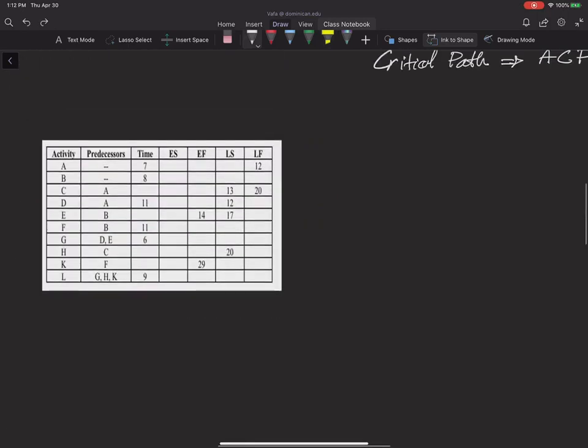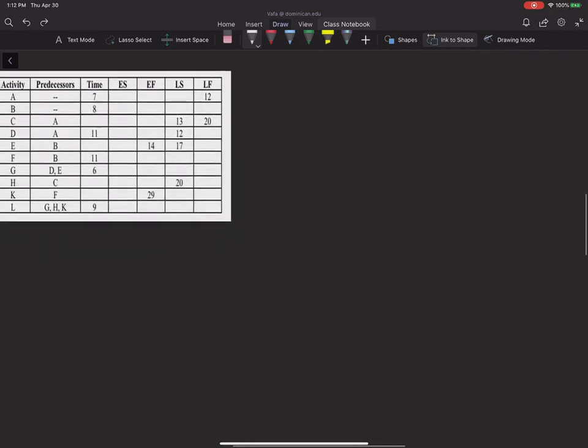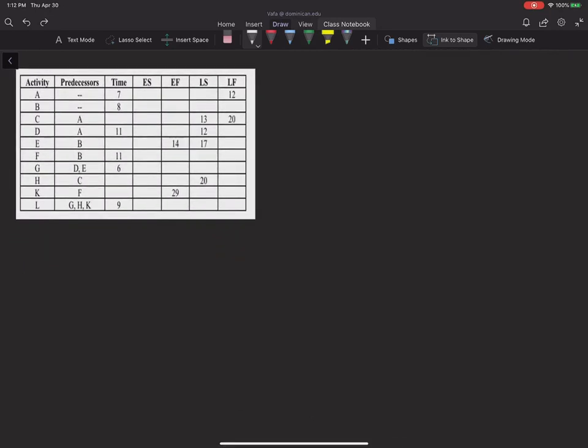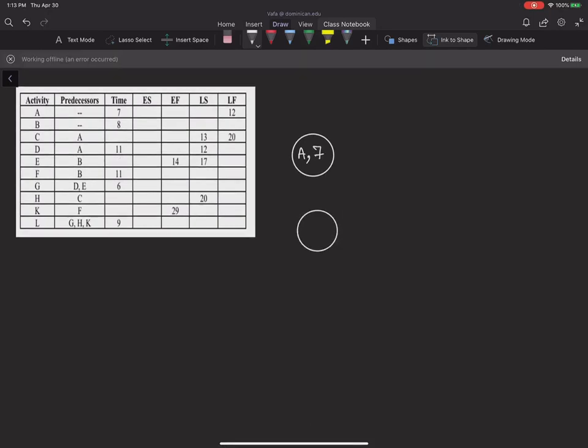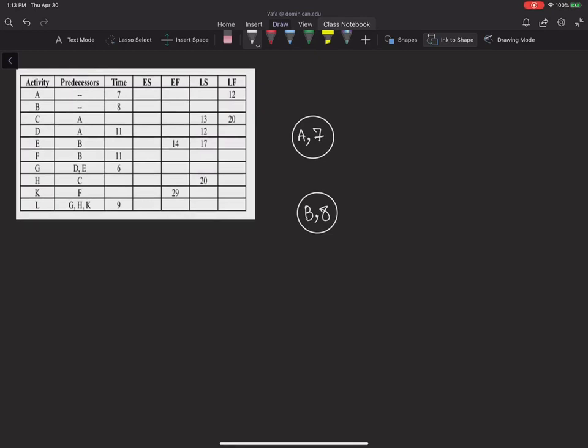This is how I'm going to show activity A, and the duration for that is 7, and activity B, the duration for that is 8. Then after activity A, activities C and D can be done. So this is activity C, and I don't have the duration for that.